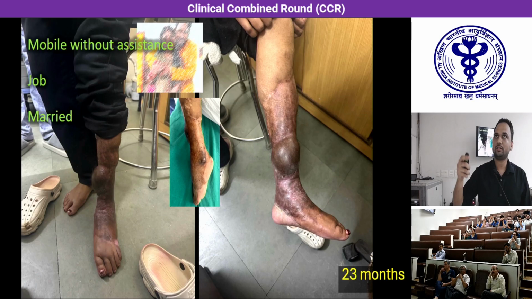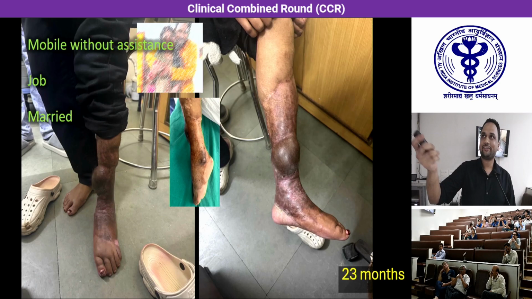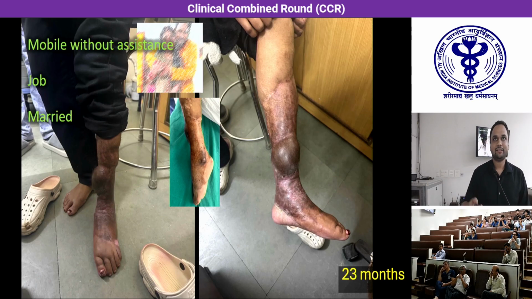She was able to move without assistance. She was employed, and last but not the least thing, she got married and she came with her husband for her final OPD. So we can see that these small nuances that we do during the surgeries can have a very large impact on the outcome and the psychosocial impact of the patient.